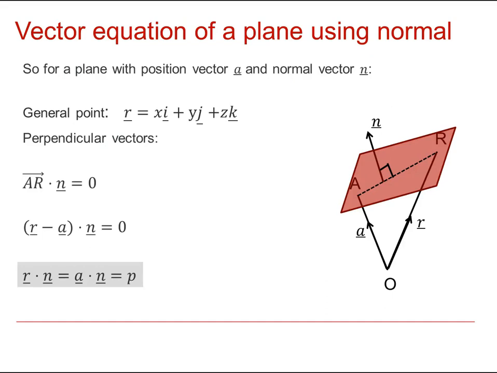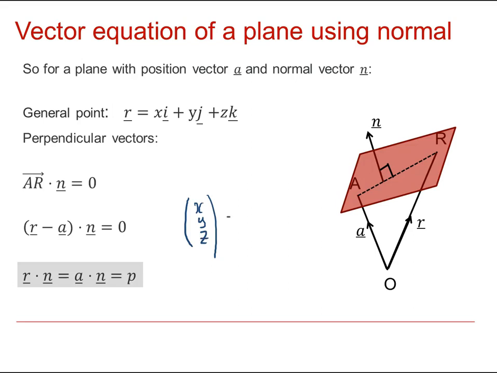So in summary, we have that for a general point on the plane, which is given by the vector x, y, z, the equation R minus A dot n equal to 0 gives us the plane. Remember that R is just a vector x, y, z.